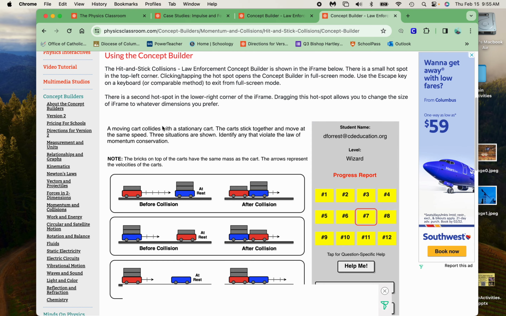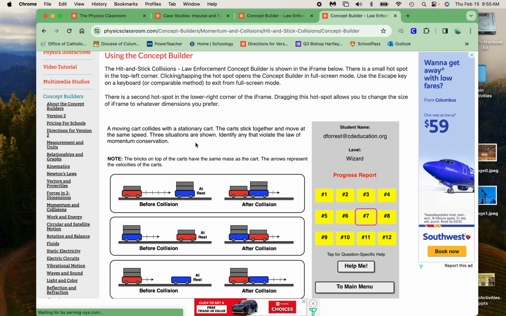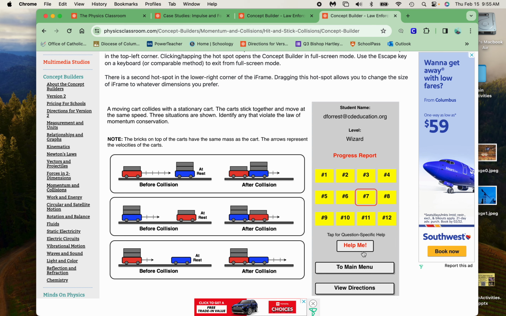So in this particular case, a moving cart collides with a stationary cart. The carts stick together and move at this same speed, so they're stuck together. Situations are shown. Identify those that violate the law of momentum conservation. Once again, you can go to help menu, you can go to directions. So the bricks on the top of the cart have the same mass as the cart.